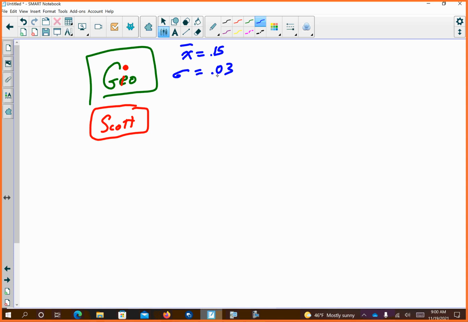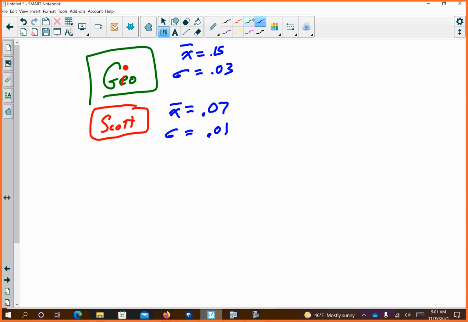Okay, there's a 15% chance that Gio's going to make it on time to school. Scott, it's no mystery. You have missed quite a bit of school. So Scott has a 0.07 chance of making it to school with a standard deviation of 0.01.